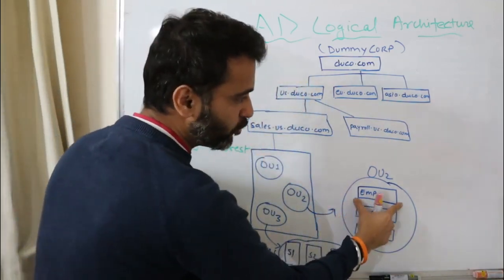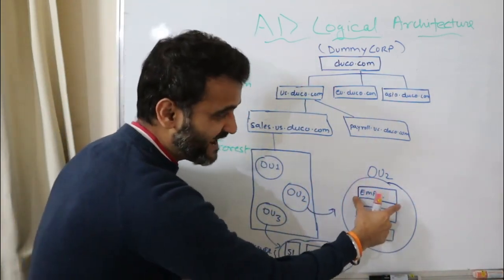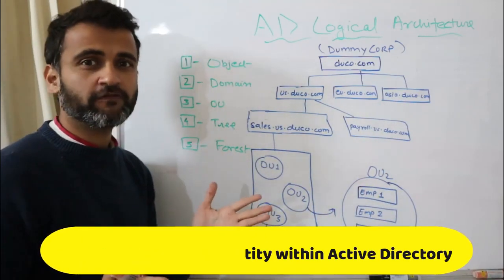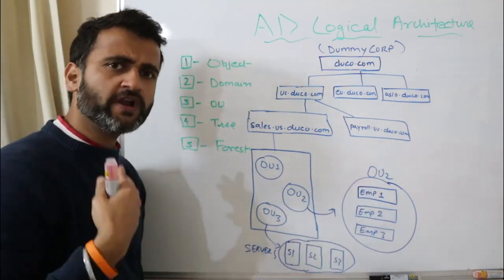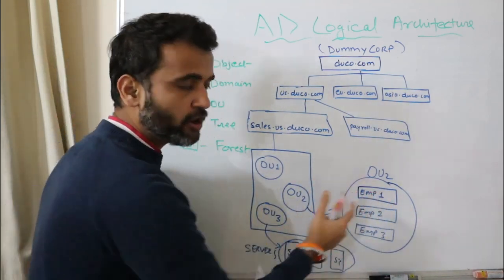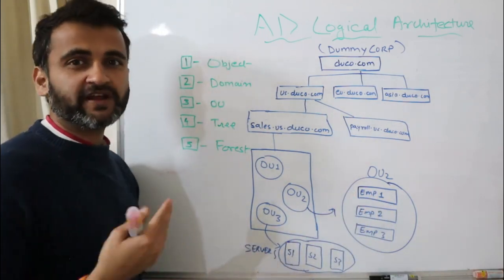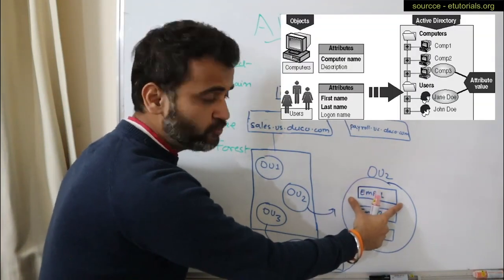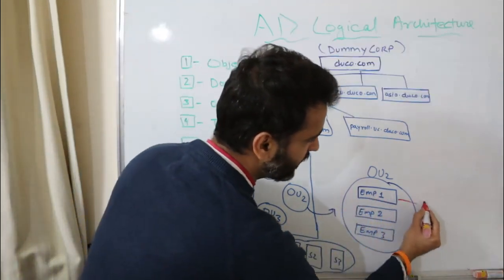This particular employee will be tagged as an object. Object is the most basic entity of Active Directory, and this object will have its own attributes. For an employee, the employee ID, address, email address, phone number, and personal details will all form attributes of this object. So this is the lowest entity.